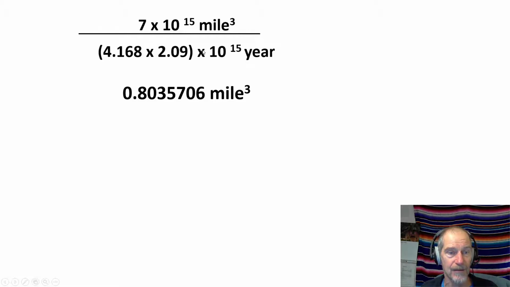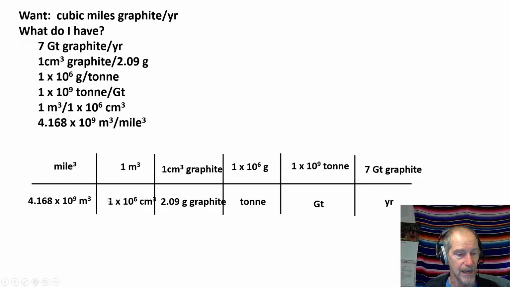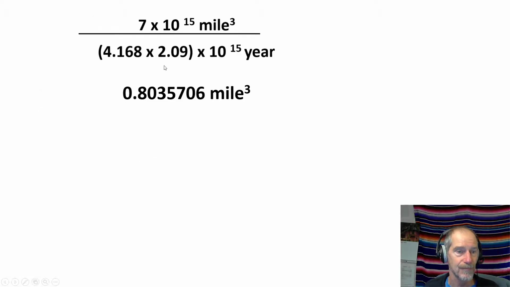I put that in parentheses, times 10 to the 15, which is 9 and 6 is 15. Okay. Cool. And by the way, the 10 to the 15 cancel out wonderfully. And so I get cubic miles per year, and I get 7 over about 8.